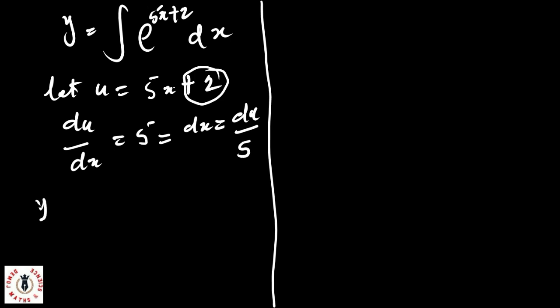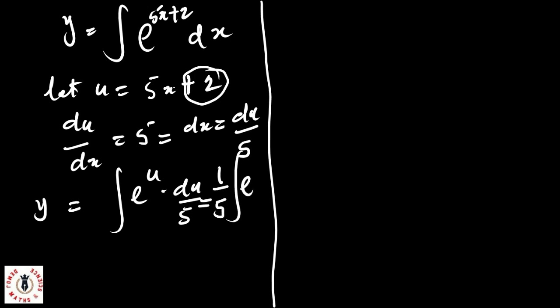Now we can substitute, so that y now will be equal to the integral of e raised to power u dot du over 5, which is equal to 1 all over 5 integral of e raised to power u du. Now, remember when we were dealing with standard integrals, we pointed out that the integral of e raised to power x is the same thing as e raised to power what? x.